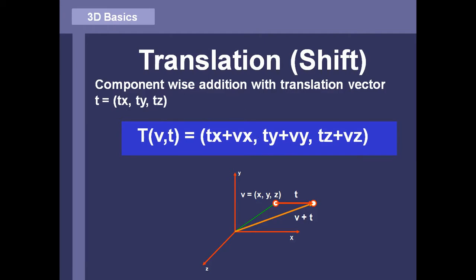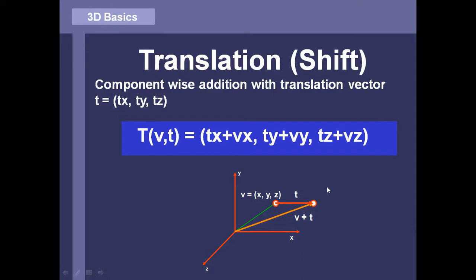This is x, y, z, this is the translation factor T, and this has been translated. You just do Tx plus Vx, Ty plus Vy, and Tz plus Vz. So this is how the new vector will come. This point is shifted by the T factor, and the final result will be V plus T.